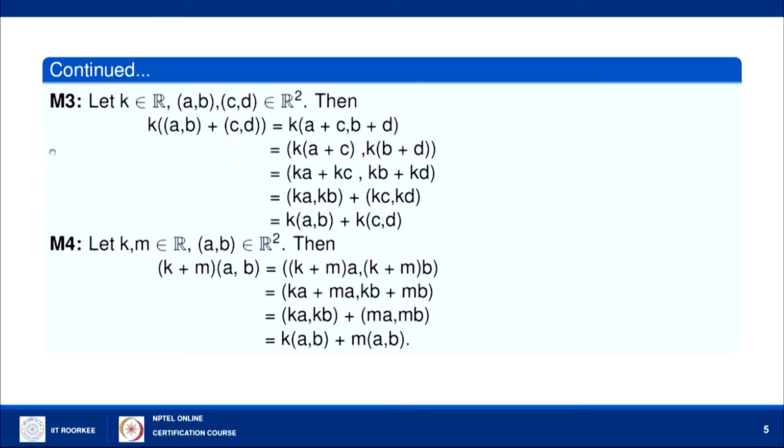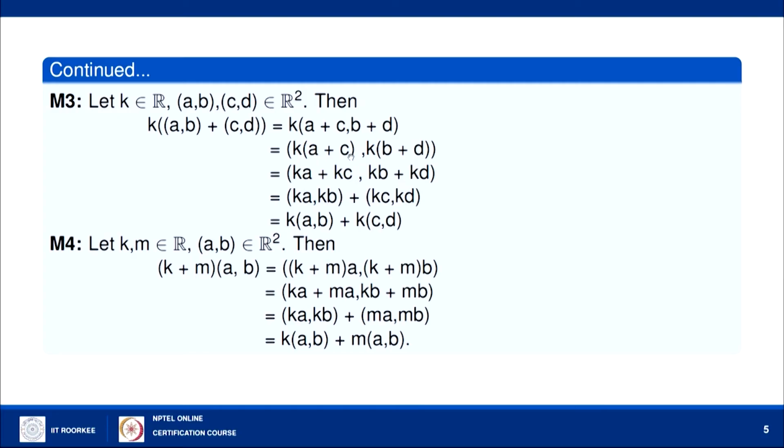So, now come to the third property. I am taking a scalar k here and 2 vectors given by (a, b) and (c, d). Then the multiplication of k with the addition of these 2 vectors (a, b) and (c, d) can be written in this form, k times (a + c, b + d). I can take k inside.